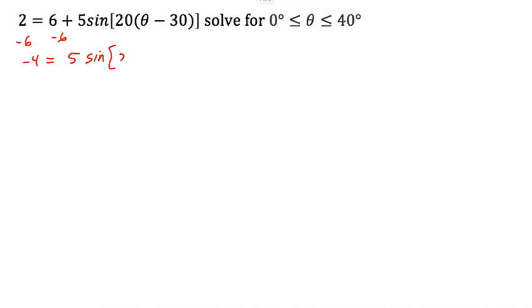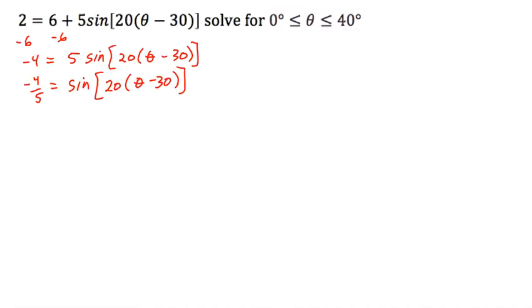I'm using square brackets here to make sure you're realizing that all this stuff is part of the sine function. Then we divide by 5 and we get negative 4/5 or negative 0.8 equals sine of 20 theta minus 30. So now we've got the sine function isolated.